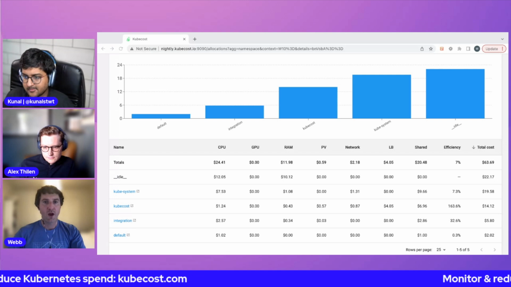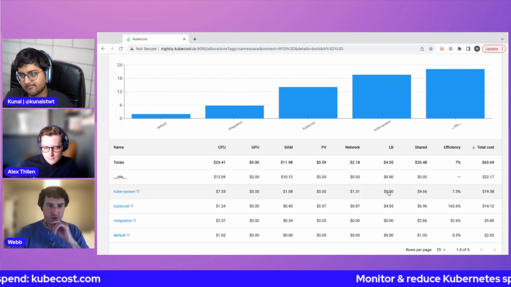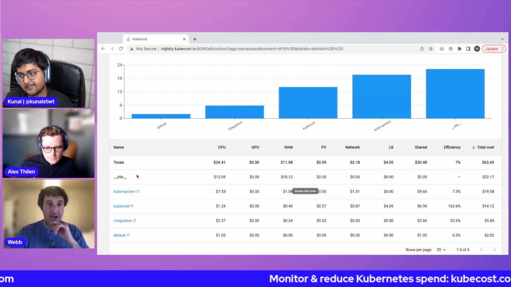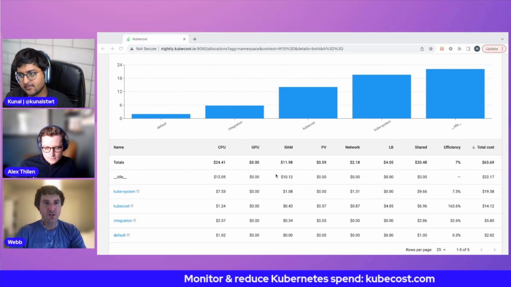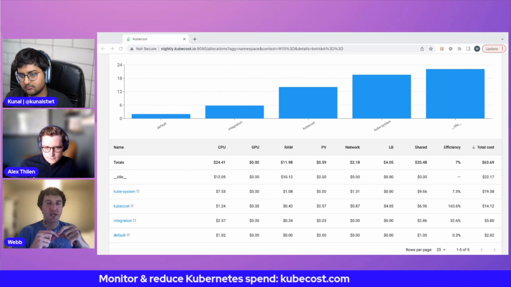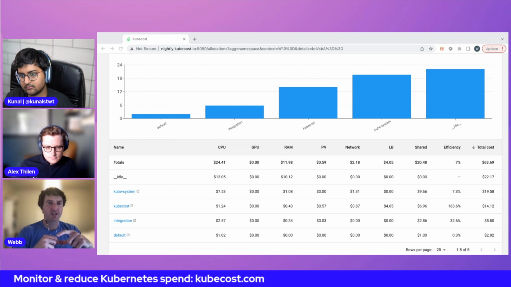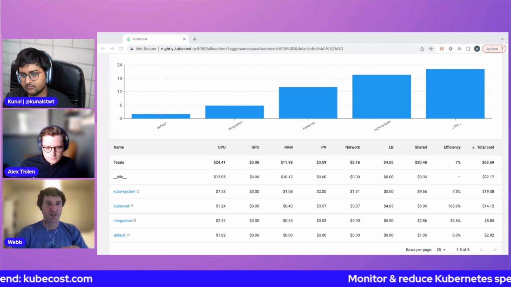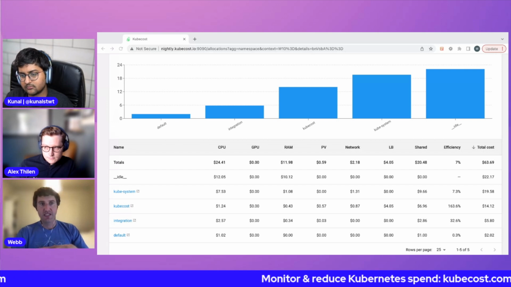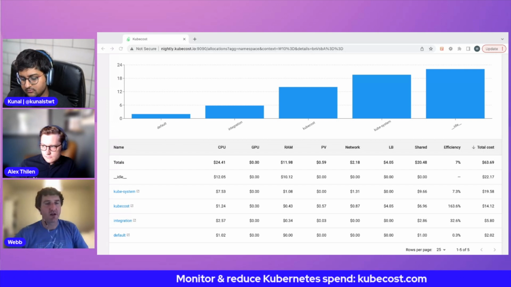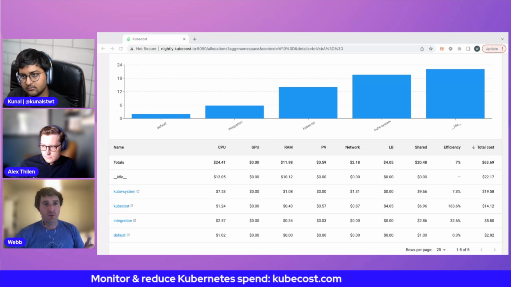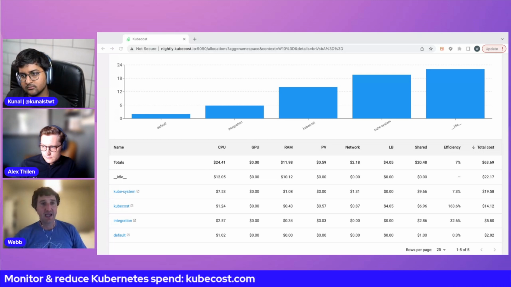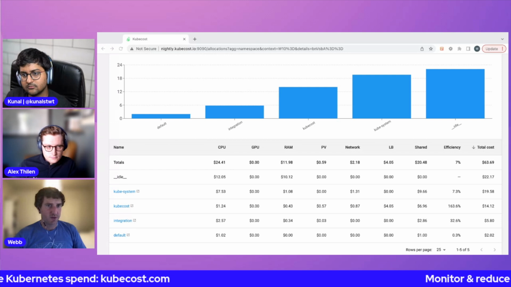There's one other piece I want to touch on here, which is this notion of idle cost. This would be one component of that cost efficiency measurement, which is idleness at the cluster level, right? So let's say you have 100 CPUs in a cluster. Your workloads are requesting, say, 25 of those CPUs.